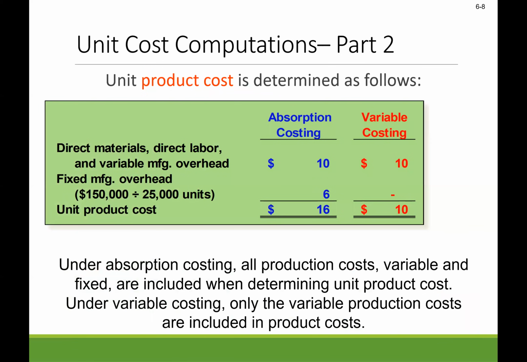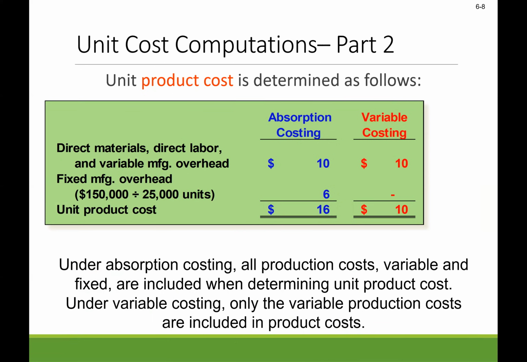Unit product cost is determined as follows. We have under absorption costing and under variable costing, the direct materials, direct labor, and variable manufacturing overhead is part of the product costing.